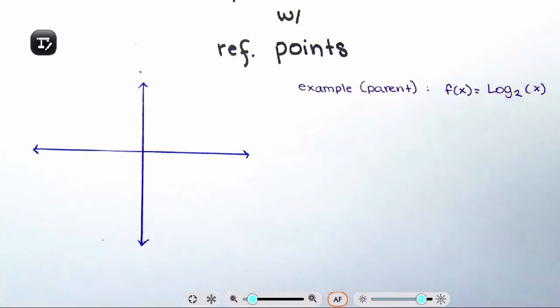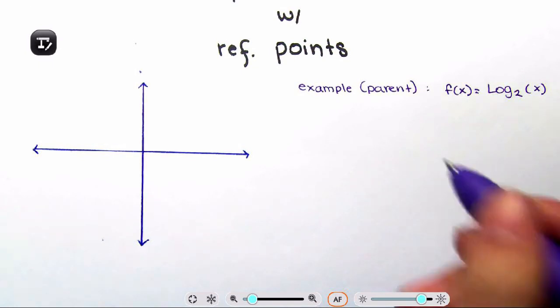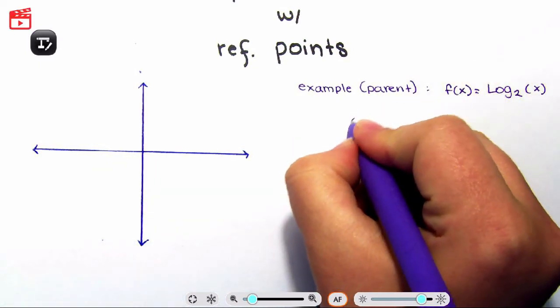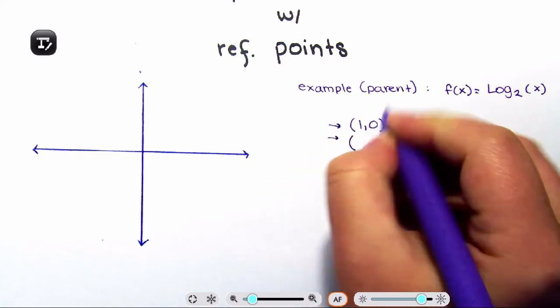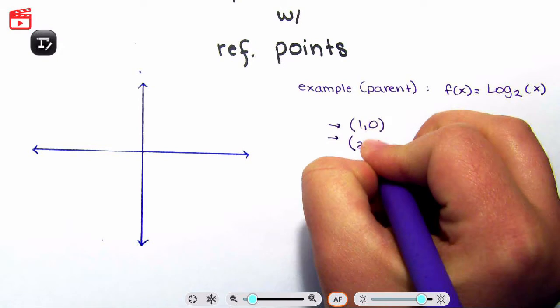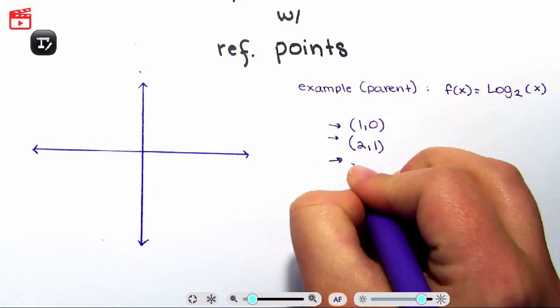Because a base of 1 doesn't really do anything, we can't really use that as a gauge of how our parent will behave. So let's do this. First point is (1, 0). Second point is (b, 1). Our b value in this case is 2. And our asymptote is x equals 0.